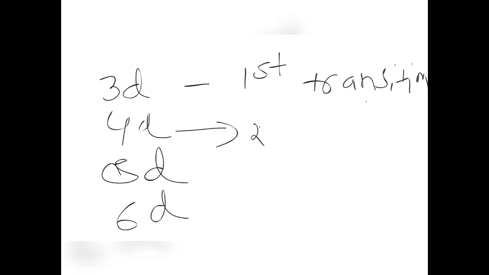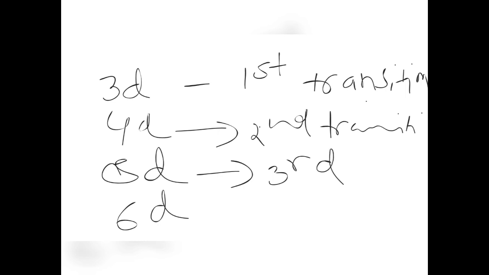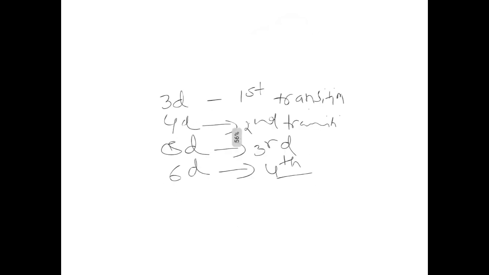3D series means the first transition series, 4D means the second transition series, 5D means the third transition series, 6D means the fourth transition series.